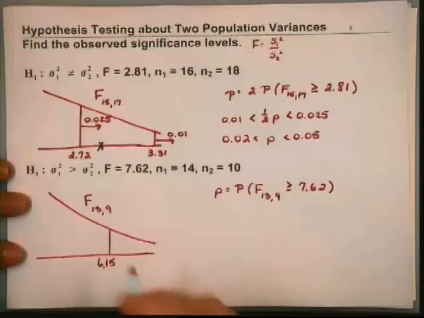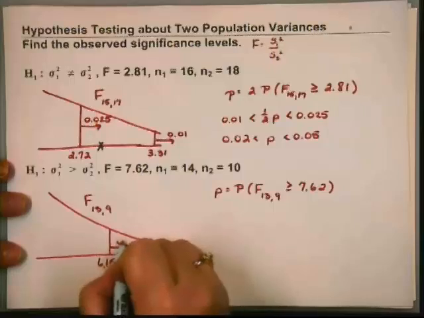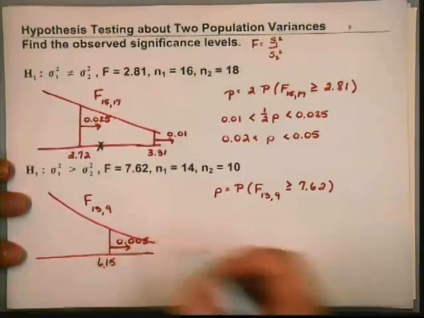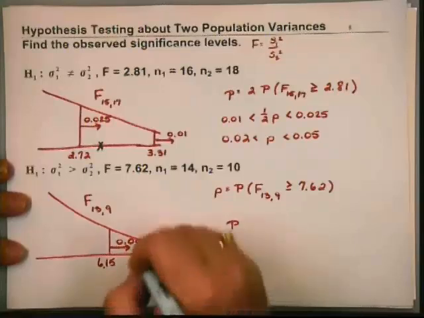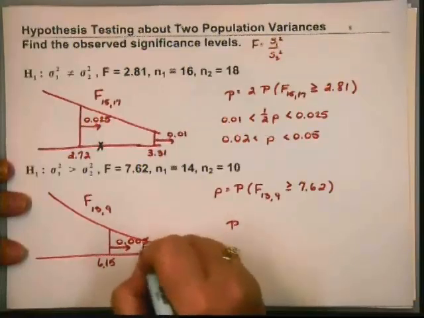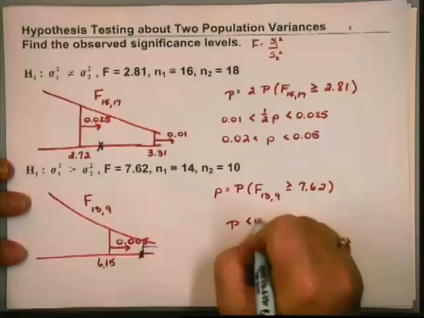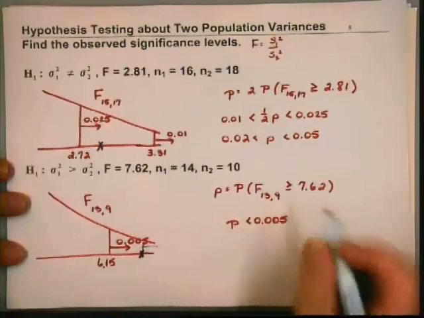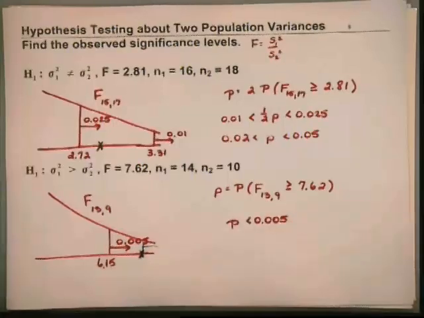And it determines the right-hand area of what? 0.005. So that means the best we can tell is that our p-value is what? Bigger or smaller? 7.62 is over here. So the area to the right of this is smaller than 0.005. So from your table in this textbook, p less than 0.005 is the best we can do. If you write something else that might be true, but from your textbook you can't confirm that.